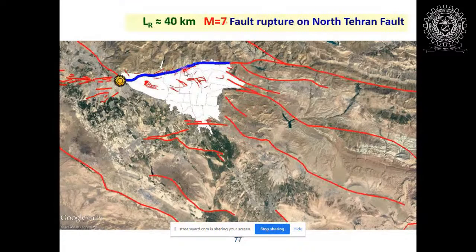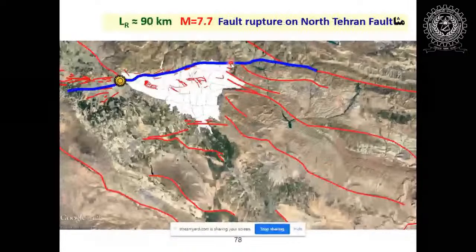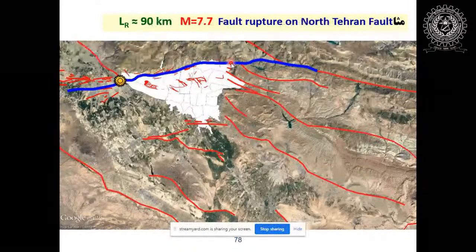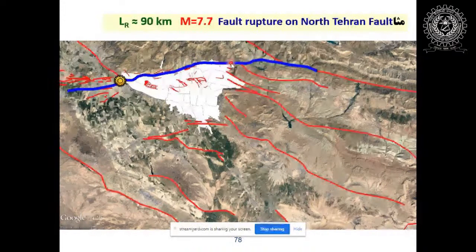You see that as the magnitude grows, the rupture length increases. It is normal. And we expect that even if a magnitude 7.7 were to occur, the rupture will be observed in the total segments of the North Tehran fault zone.